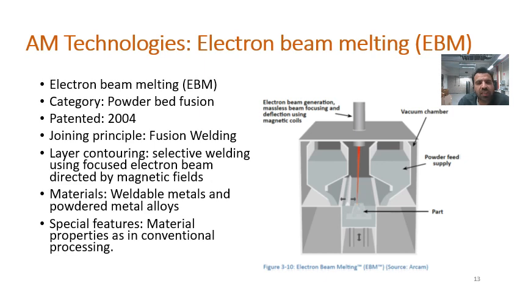Similar to selective laser melting, it is also a powder bed fusion process, which was patented in 2004. The basic difference between EBM and SLM is the heating source. So in EBM, an electron beam is used instead of a laser beam to produce local melting in powder layers.